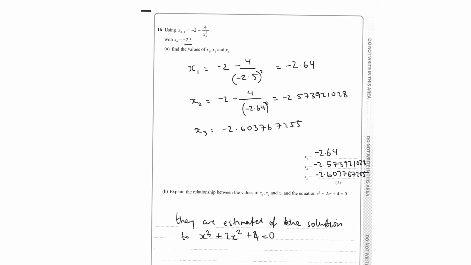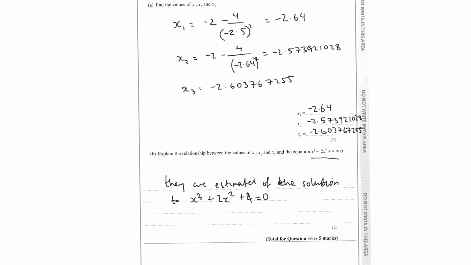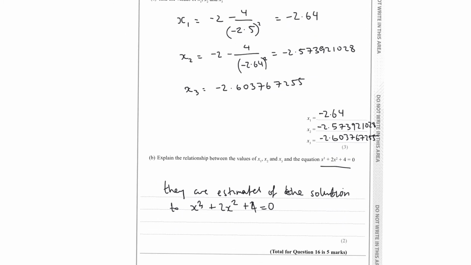And the reason why is because you're probably wondering, this does not look the same as that, which I do understand. But if we have a look at x cubed plus 2x squared plus 4 is equal to 0, if we rearrange this to make it x is equal to, x cubed plus 2x squared would be equal to minus 4. Then if we factorize it, we would get x bracket x squared plus 2 is equal to minus 4.